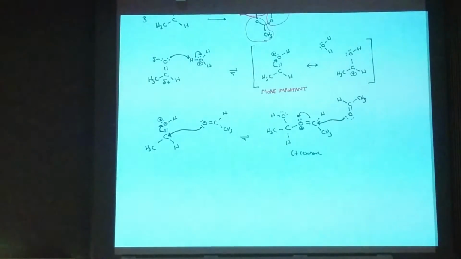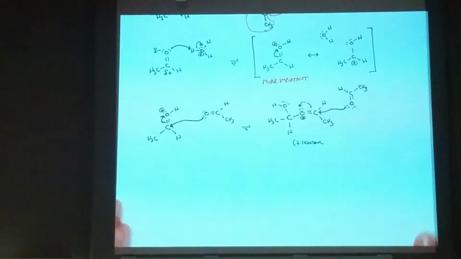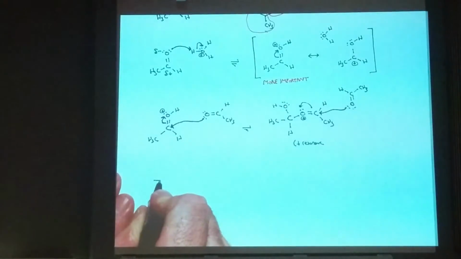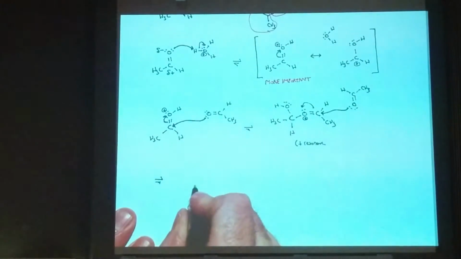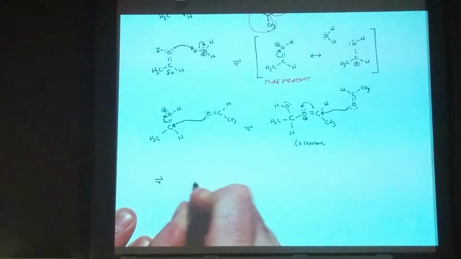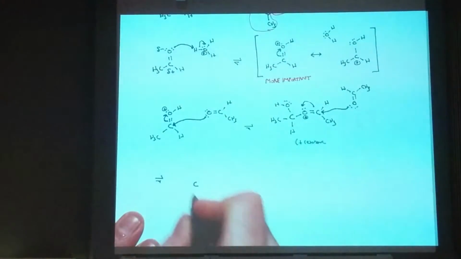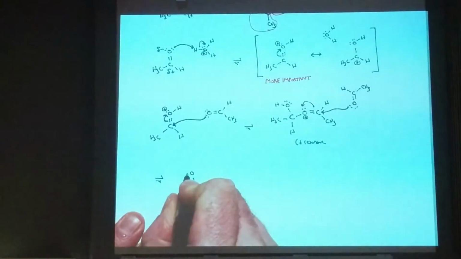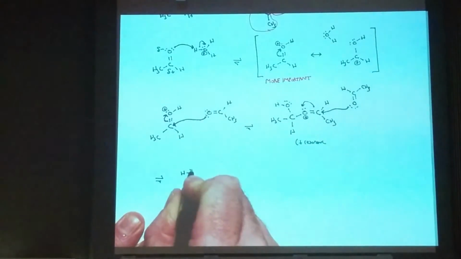It's basically the same thing we just did. When you're drawing the letters like I am, it starts to get messy. That's why we use the line angle convention.